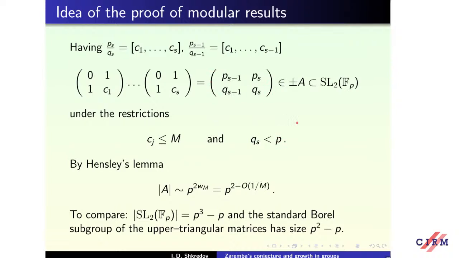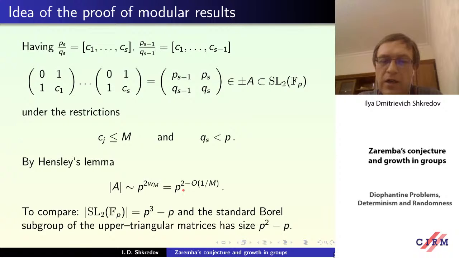Also suppose that all elements here are less than p. By Hensley's lemma, the size of A is easy to calculate. By Hensley, we know that this quantity is p^(2 - O(1/M)), so it's a little bit less than p squared.